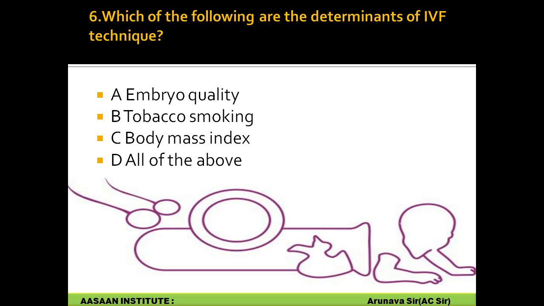If a girl continuously takes tobacco, it is very harmful to the female body, because tobacco increases sensation and nervous system activity, and you know the nervous system and endocrine system are interlinked.